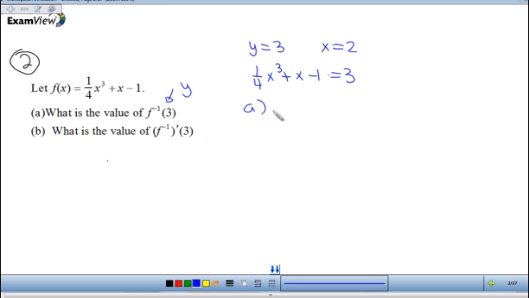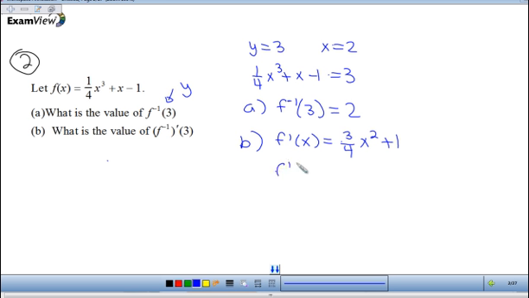So part A, what's the value of the inverse at 3? It's equal to 2. Part B, in order to find the derivative of the inverse at 3, the first thing we're going to do is find the derivative of my original function, which is 3/4 x squared plus 1.